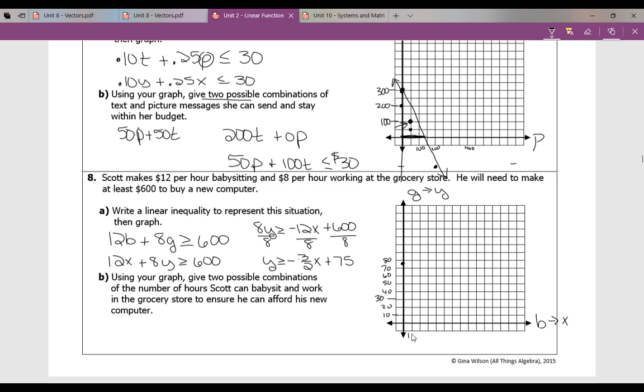Now, since we're counting in increments of 10, I am going to modify my slope by multiplying both numbers by 10. So my slope of negative 3 over 2, if I multiply top and bottom by 10, I can count off negative 30 over 20 easier because everything is broken up into tens. Does that make sense? So I'm going to start here at 75. When you count down 10, you are at 65, then 55, then 45. And then you count over 20. 1, 2.